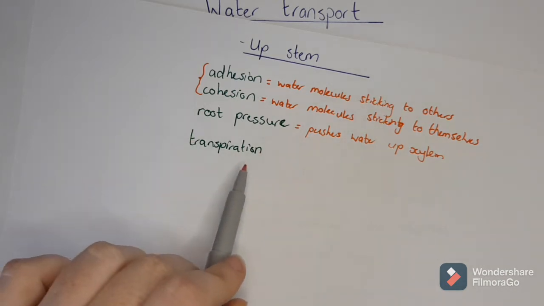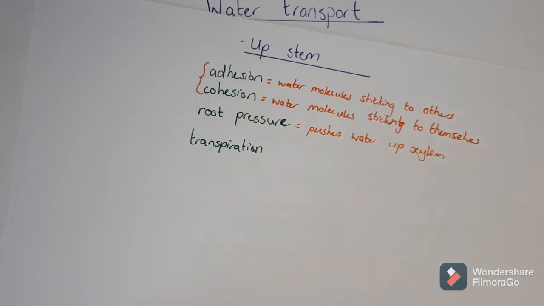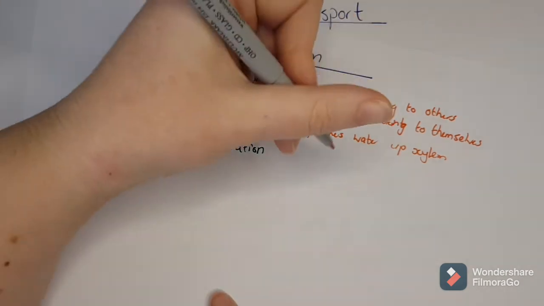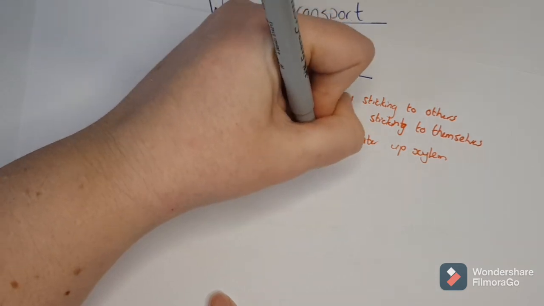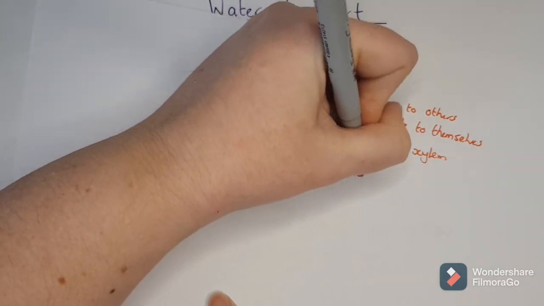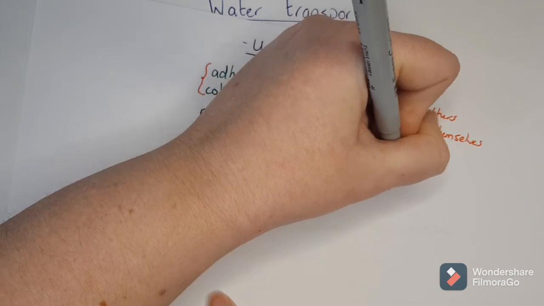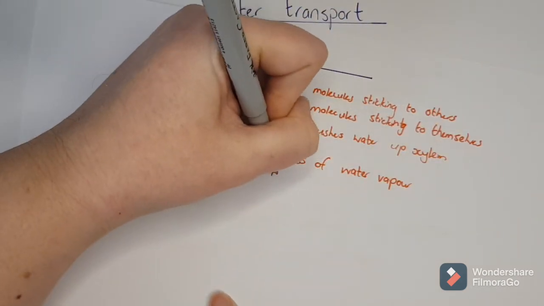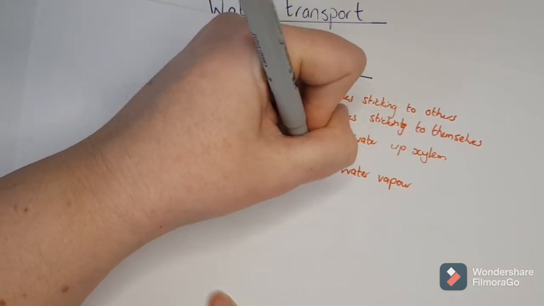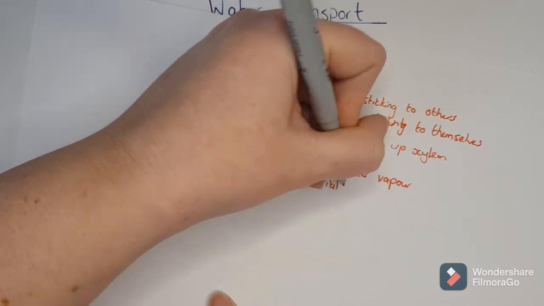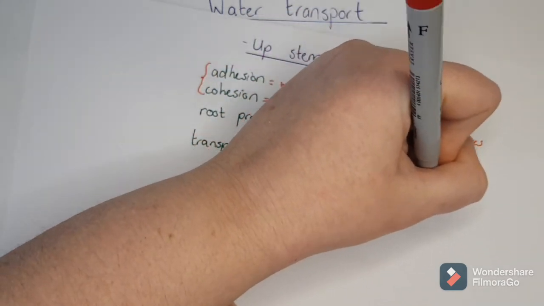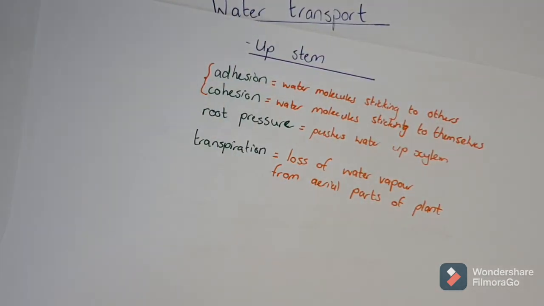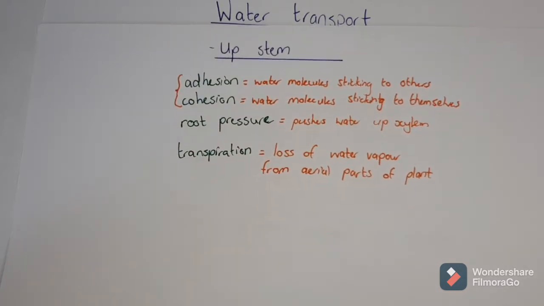And that's where transpiration comes in. So transpiration, the definition of it, is the loss of water vapor from the aerial parts of the plant. So what that means is the loss of water vapor from the leaves.